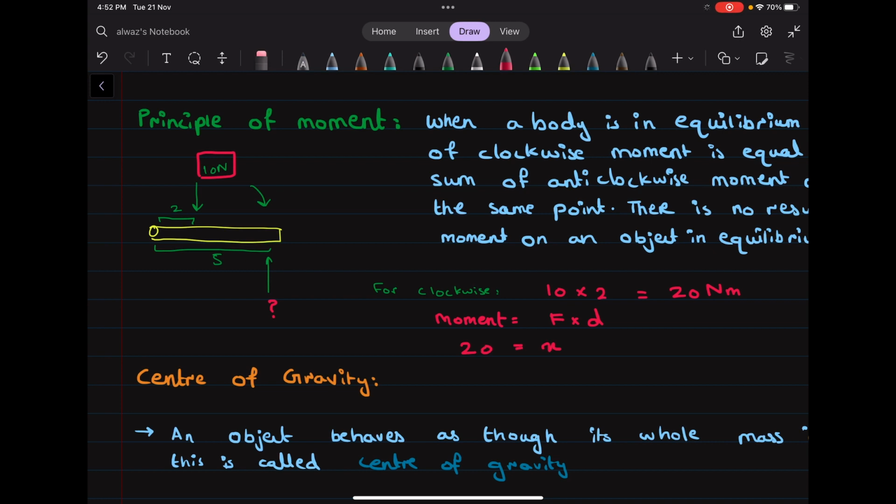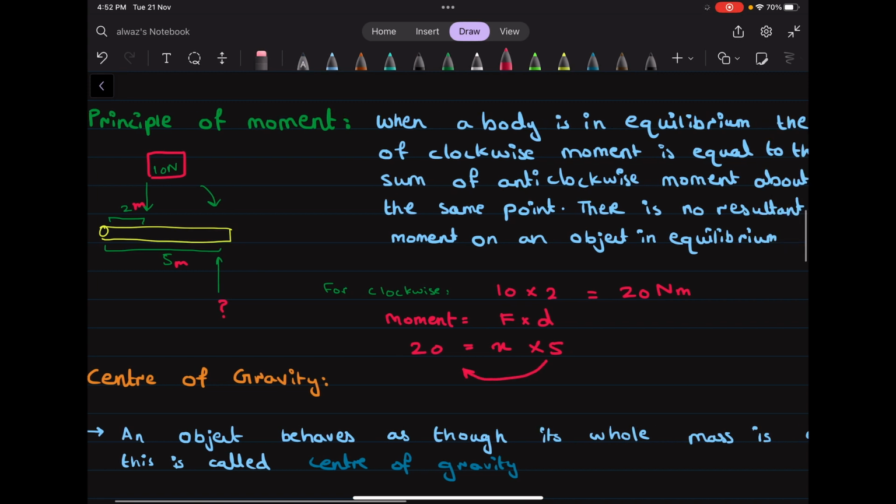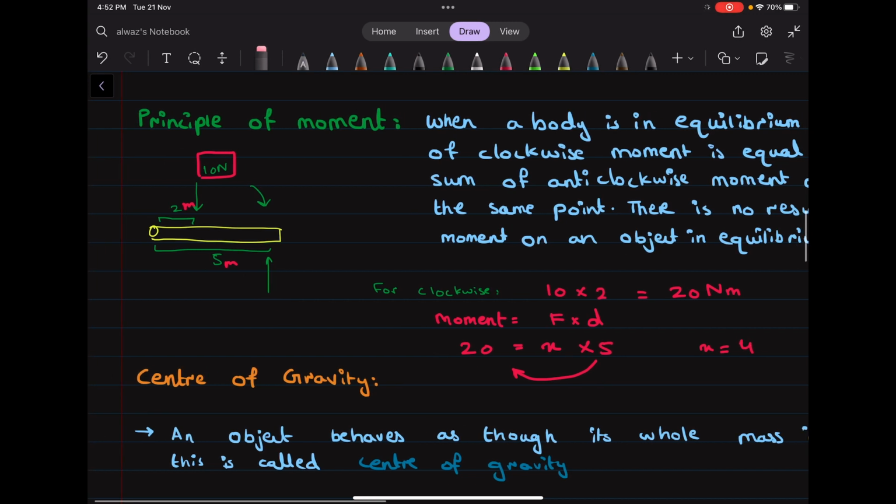We need to know what our force is, and as we can see, the distance from the force to the pivot is 5 meters. So we will just take this 5 to the other side, and we can see that our x will be 4.